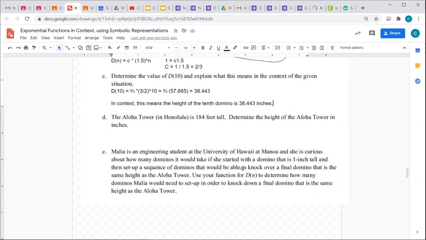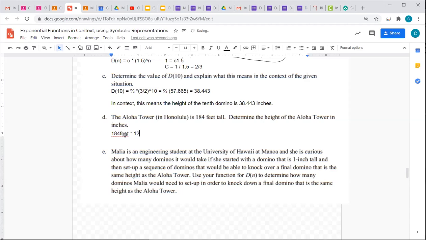So for this next question, it tells us the Aloha Tower is 184 feet tall. Determine the height of the Aloha Tower in inches. So we can say, all right, it's asking, make sure you understand the question. What is the height of the Aloha Tower in inches? Well, there's 12 inches in a foot, so I take the number of feet, 184 feet, and I multiply it.